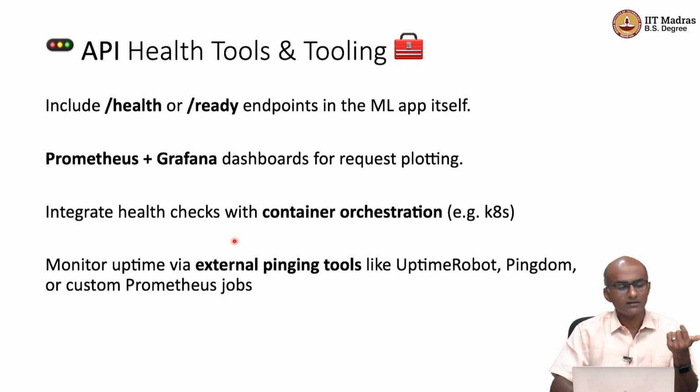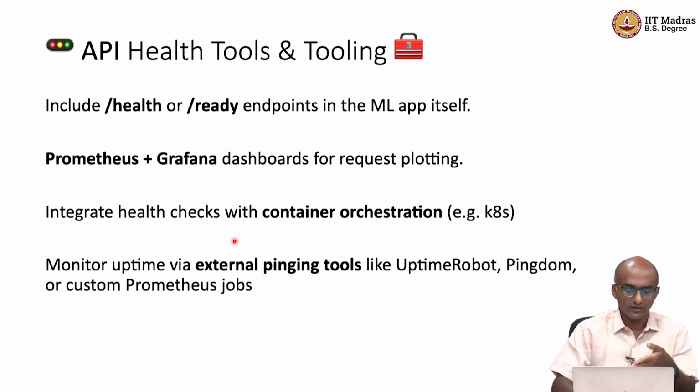And then last but not the least, especially when you're consuming services or exposing services for others to consume, it's best to think about having one simple way to monitor uptime, so that you keep track of how long that service has been up and running. There are many uptime tracking agents like UptimeRobot, Pingdom, or even custom Prometheus jobs that can get the job done.